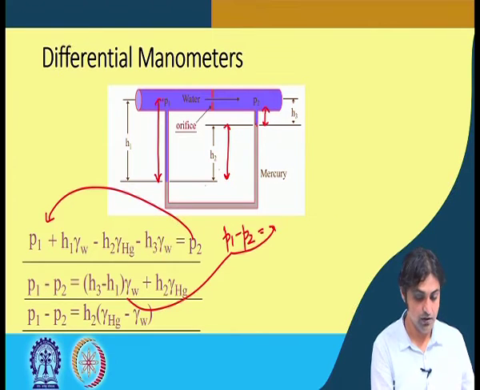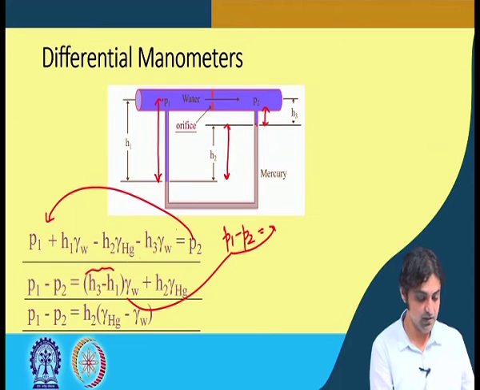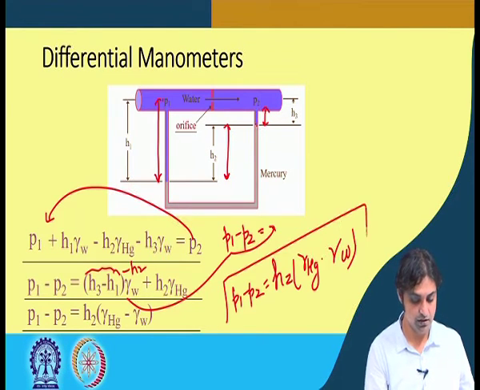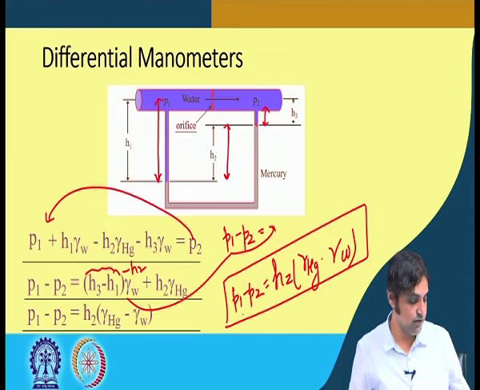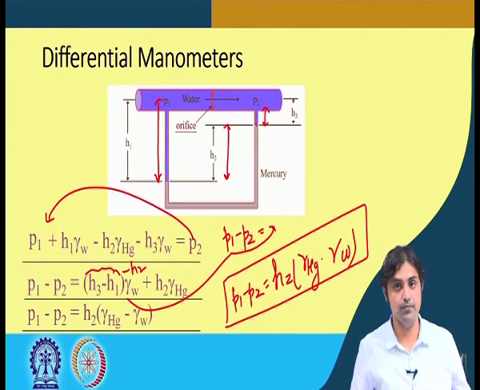If you see, H3 minus H1 or minus of H1 minus H3 will be H2, right? So this can be written as minus H2, this term here. So H2 can be taken out and we can write P1 minus P2 is equal to H2 times gamma Hg minus gamma water, and this is the pressure difference. Very simple question on differential manometers, and this is how it works.